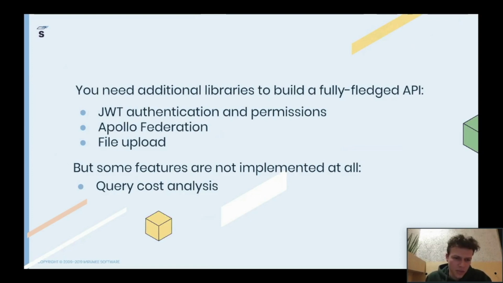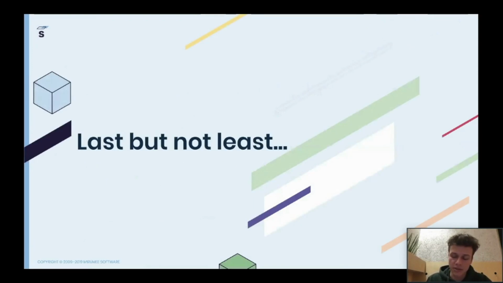So we need to support query cost analysis at some point, and probably we will have to build support for that ourselves. So these are the four lessons that I've prepared. There would be much more, but I think these are the most important ones.